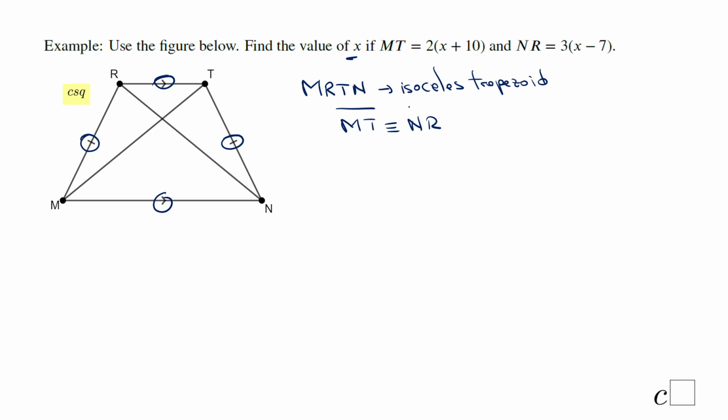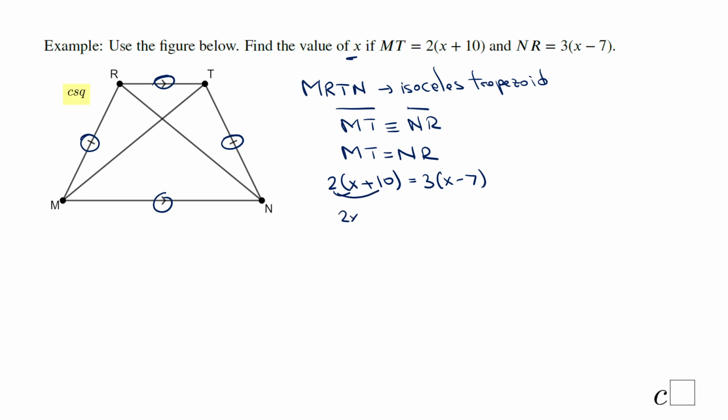The diagonals in an isosceles trapezoid are congruent, which means they have the same length, which means this equation, 2 times the quantity x plus 10 equals 3 times the quantity x minus 7. And I'm going to use distributive property on both sides.